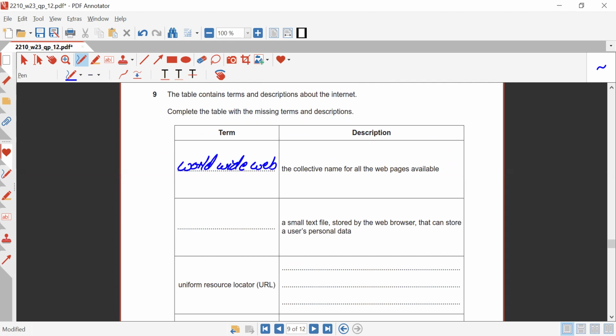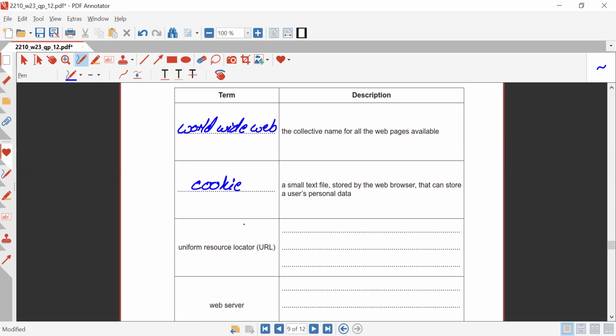Now they are saying a small text file stored by the web browser that can store a user's personal data. So it's a cookie that is storing the preferences of a user, the personal data of the user. It might be the IDs, it might be the passwords, depending. Okay. Now URL.